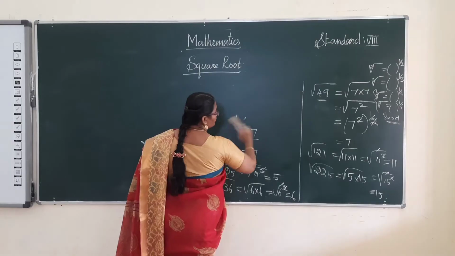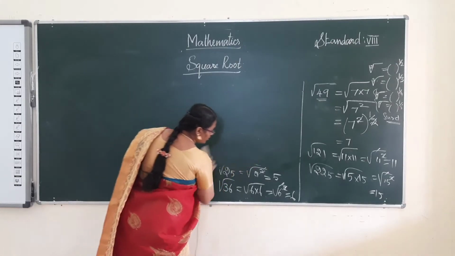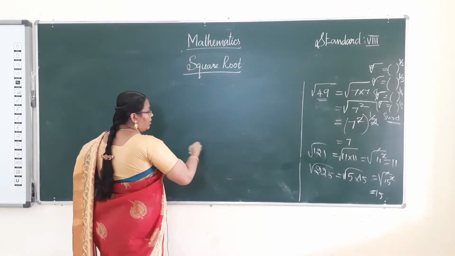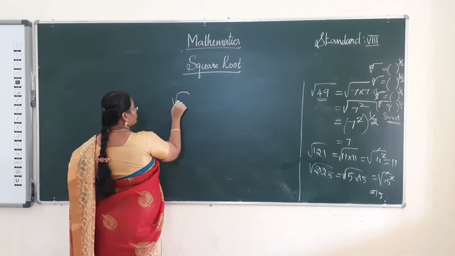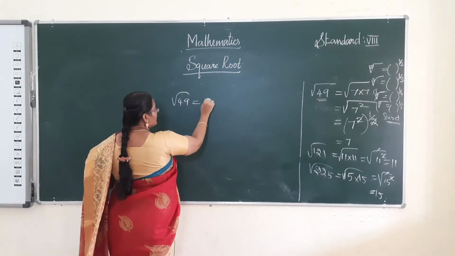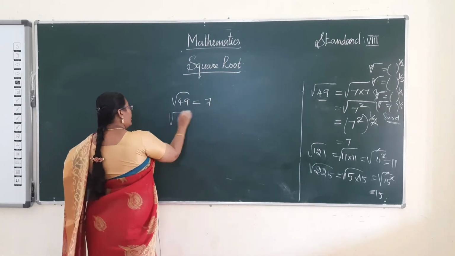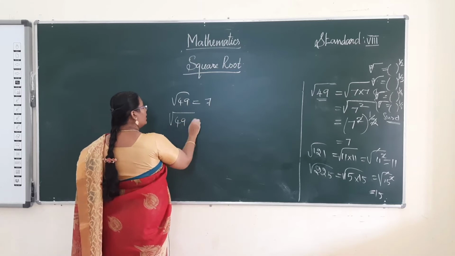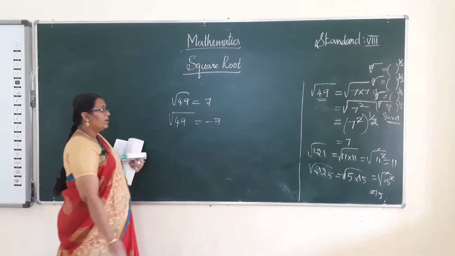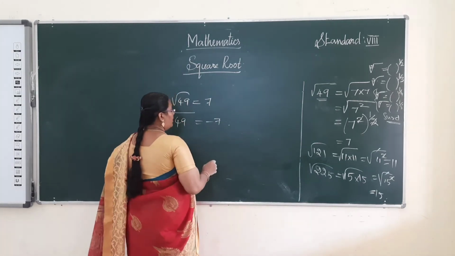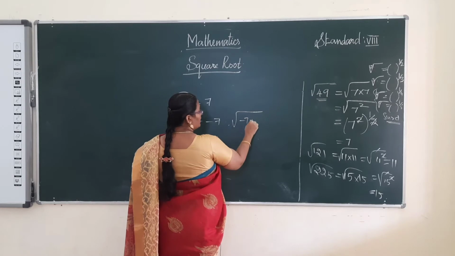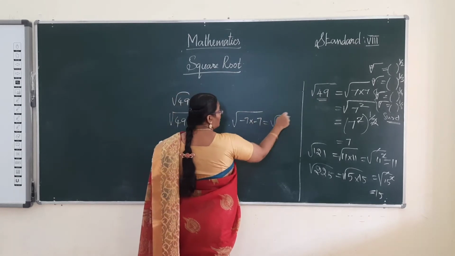One more note here. Square root of 49 is equal to 7, is it? The square root of 49 is also minus 7. Why? Because the square root of minus 7 into minus 7 is the square root of 49.